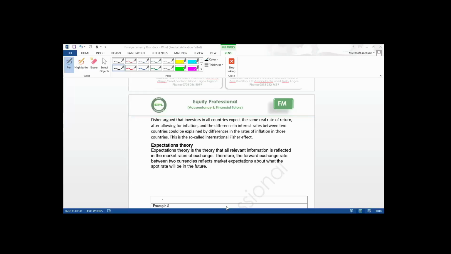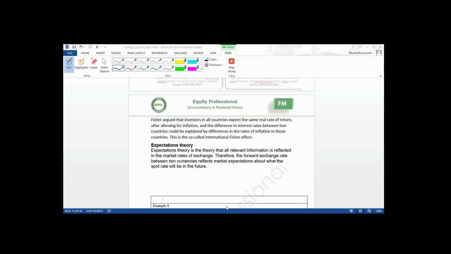What exchange rate will be between Naira and dollar in 1 month's time? The expected exchange rate reflects market expectation about what the Naira spot rate will be in future.